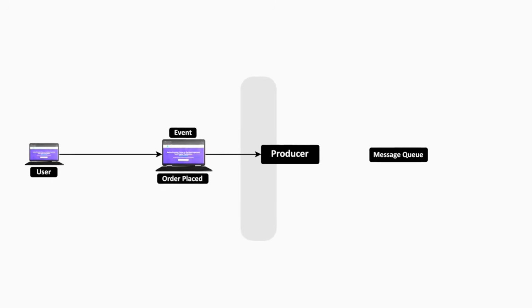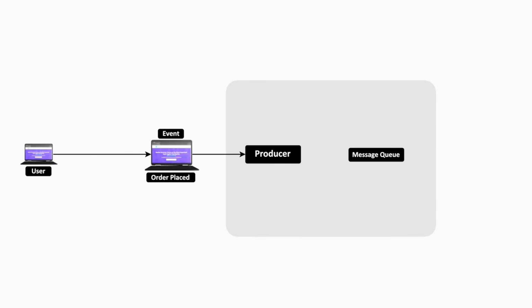So once the order is placed, you just trigger the event and send the response back that your order has been received, right? Now you will send an event to the message queue, and this event will contain all the information about the order ID, what kind of order, number of items, price, everything. It will be in JSON format.